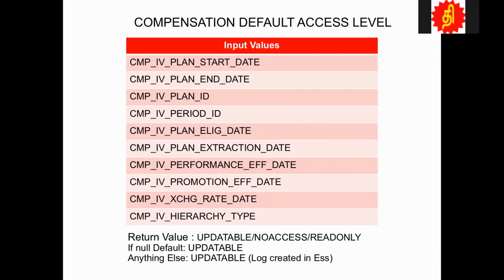All the dates, plan ID, period ID. The only exception is the last one, the hierarchy type. The hierarchy type says whether it is the primary or secondary hierarchy. So whether you are touching the primary hierarchy or the secondary hierarchy, that's the hierarchy type.